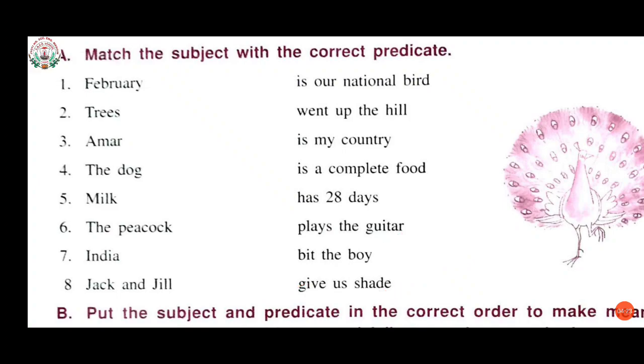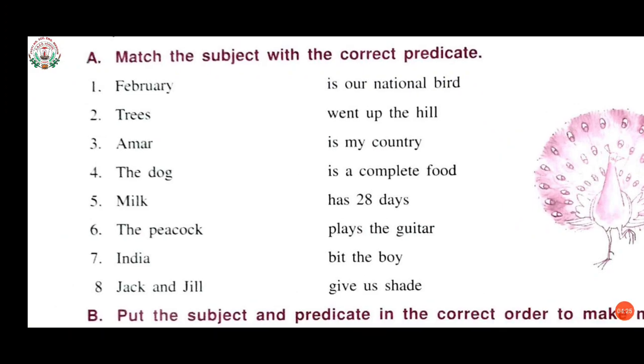Amar plays the guitar. Now fourth one is the dog. The dog bit the boy. Then fifth is milk. Milk is a complete food. Likewise students, 6, 7, 8, try to do it on your own.